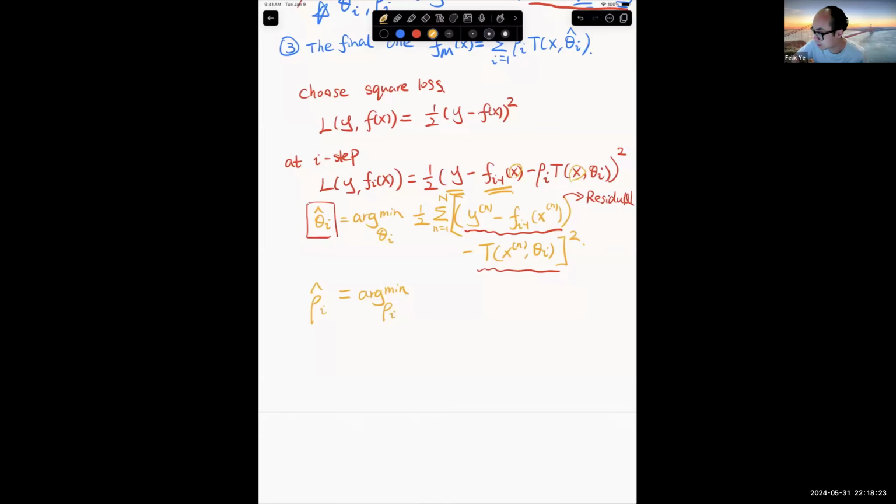So we minimize L of y, F_{i-1}(x) plus rho_i times t(x; theta_i hat). We are trying to find this step size. It's a line search, and the whole idea is very much a line search.